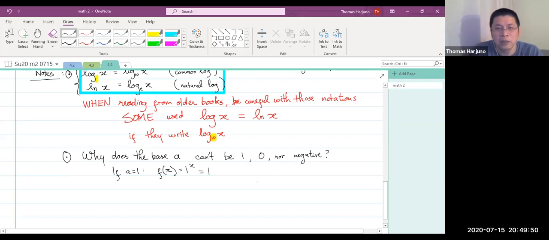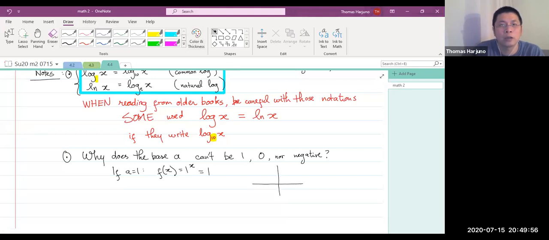Now, f(x) equals 1 is no fun. Why? It's actually just a horizontal line, right? Not only that it is not fun, but it is then not a one-to-one function. Remember that an exponential function is supposed to be one-to-one, either strictly increasing or strictly decreasing.